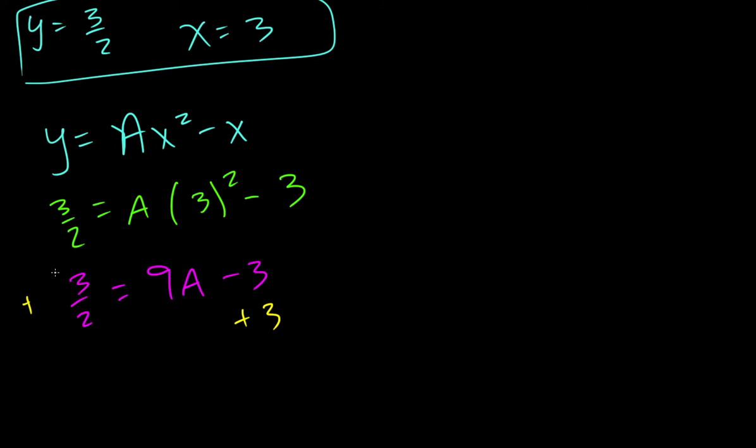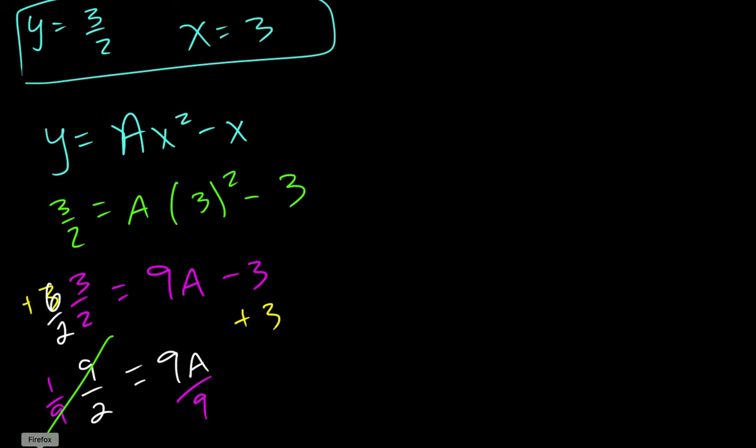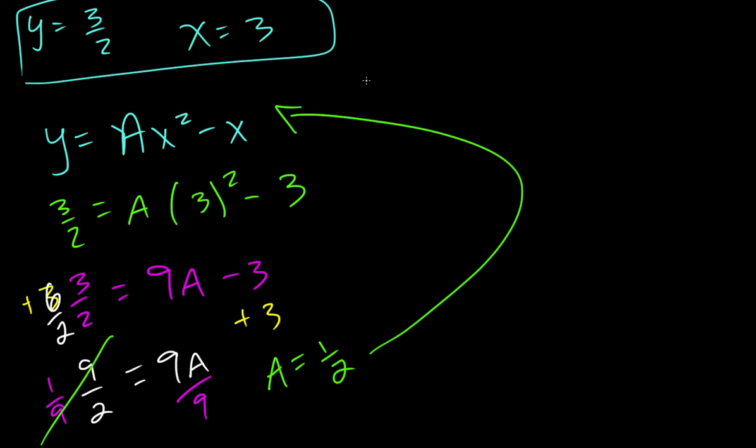Add 3 to both sides. I'm going to think of the 3 as 6 halves. So we end up with 9 halves is equal to 9a. Divide both sides by 9, which is like multiplying by 1 over 9. 9's cancel, so a is equal to 1/2. And so the particular solution is when we plug it in here. So y is equal to 1/2 x squared minus x.